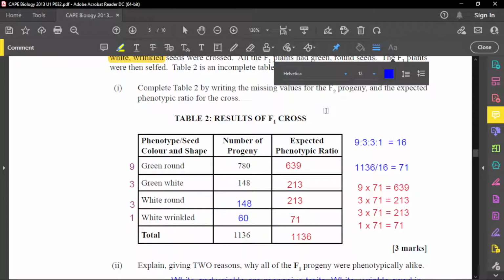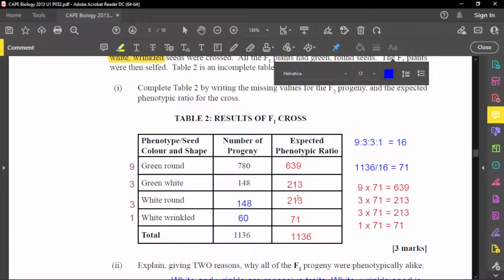It will never change. Nothing can change it, right? I guarantee you, and you can check this out, once both parents are heterozygous in a dihybrid cross, the phenotypic result will always be 9 to 3 to 3 to 1. That can never change. That's standard. So this is the answer that's supposed to be in this column, okay?